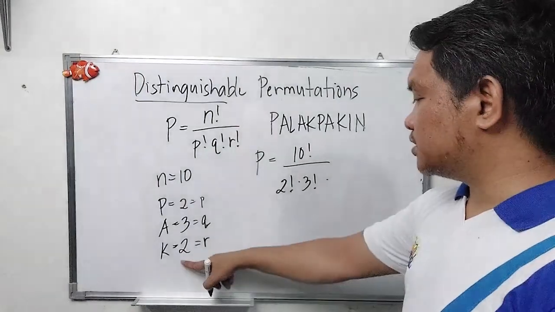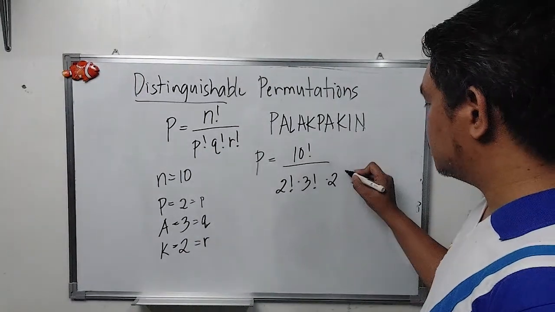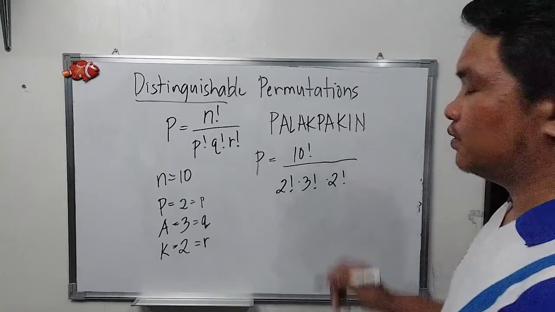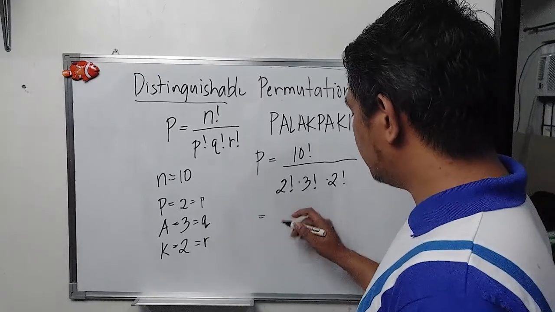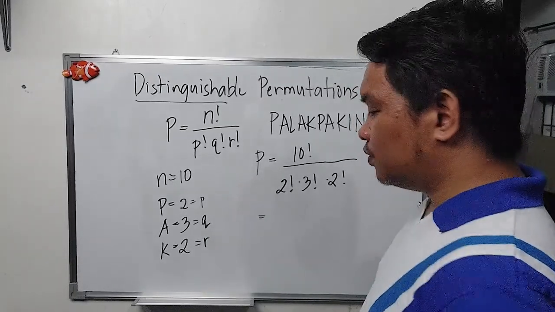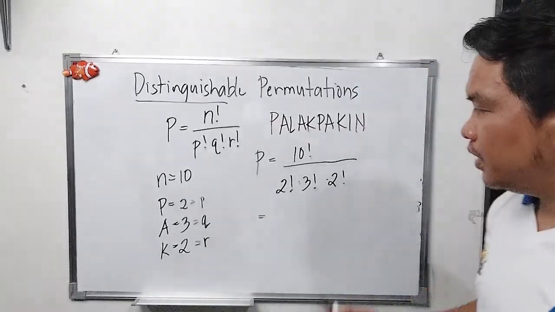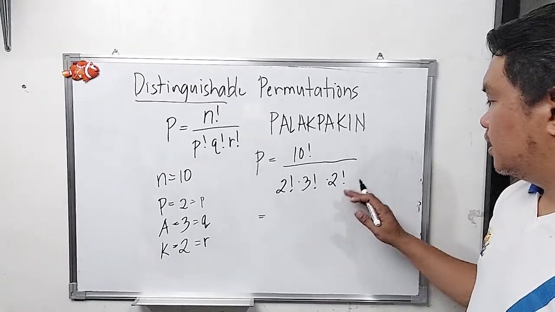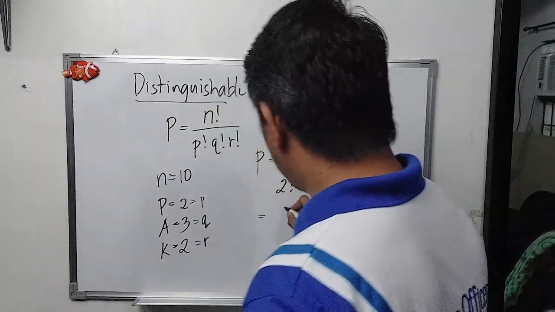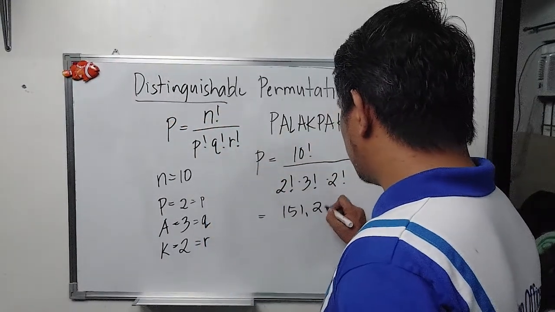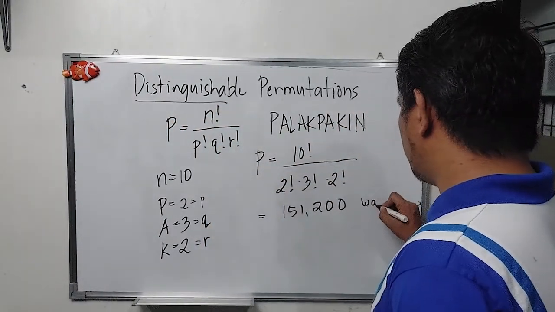Then, the last letter is K, which is meron tayong dalawa dun, another 2 factorial. So, we can use calculator or we can use cancellation. 151,200 ways.